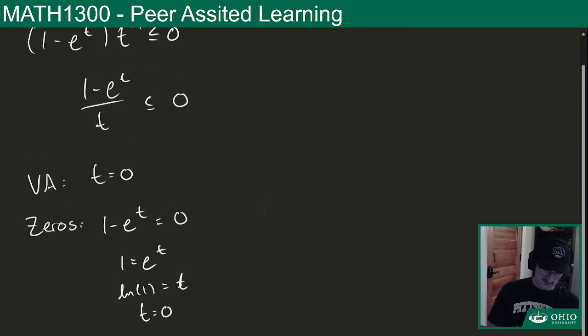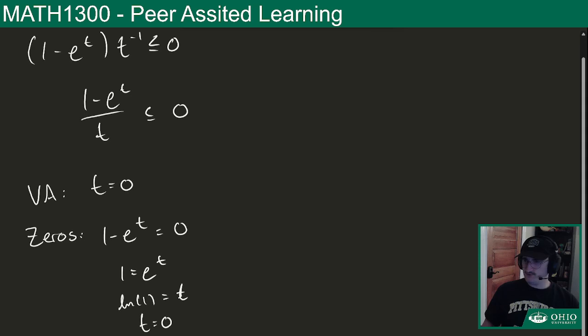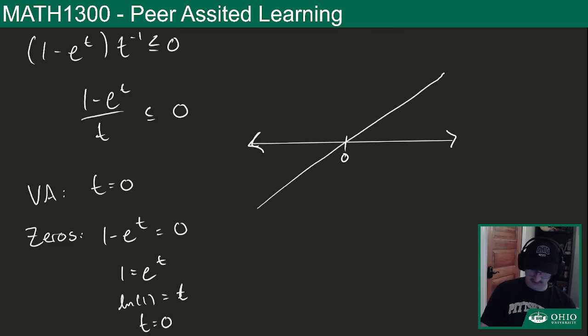So I have two conditions at t equals 0, and now I want to analyze this and see what it's going to look like. It's going to be an interesting looking sign diagram, but let's see what we have to work with. At 0, I have a vertical asymptote, and 1 over t provides me a line just like this.